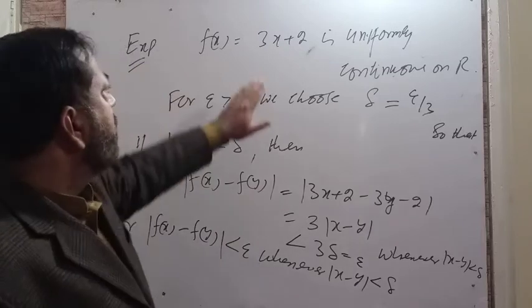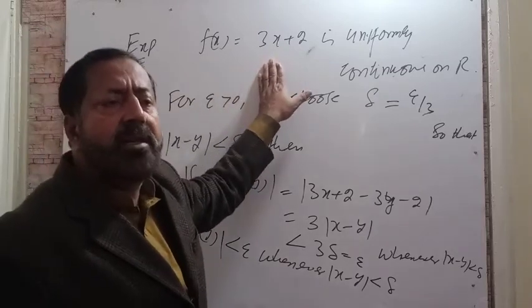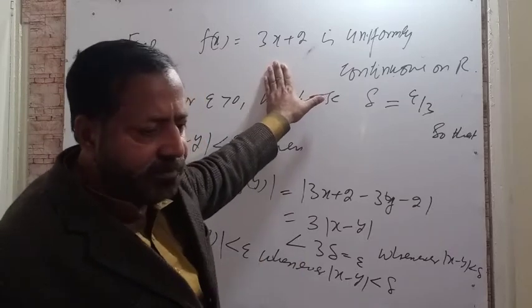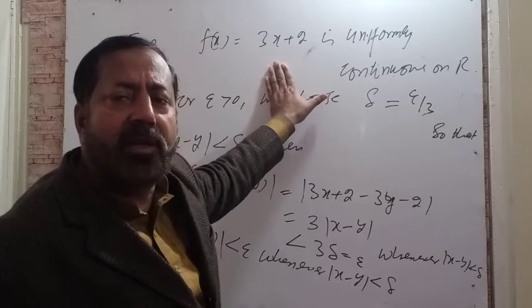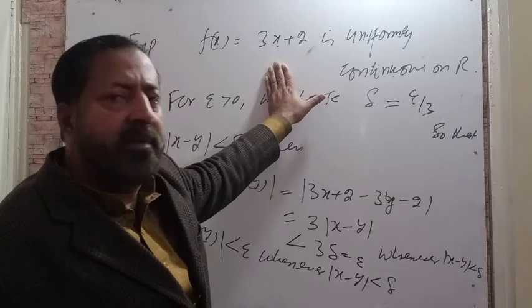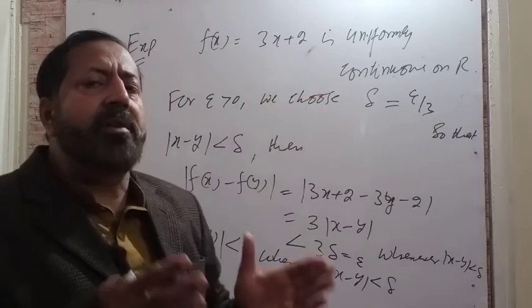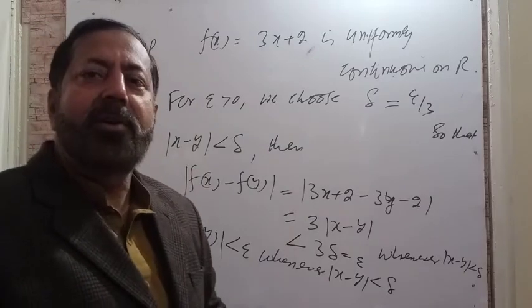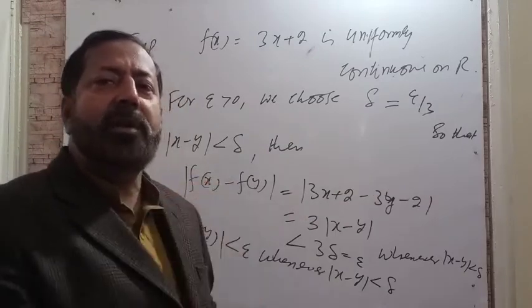But here, this is the function. As we have seen in my last lecture graphically, the straight line was the ideal graph to understand the definition of uniform continuity, because you can take a slide on that graph without any jumping.